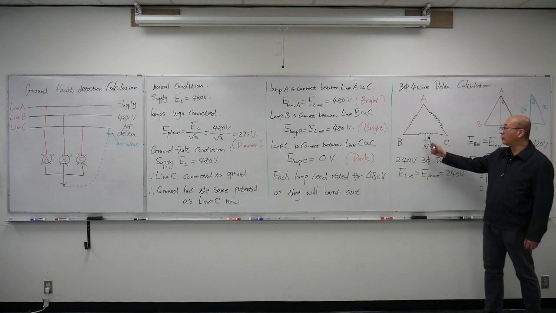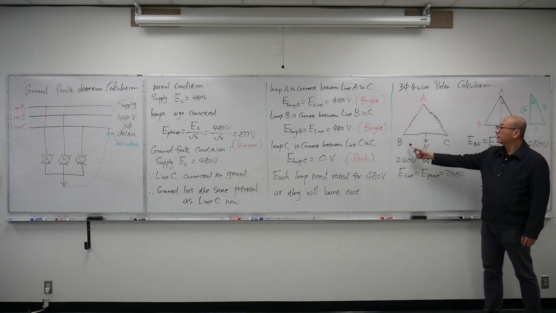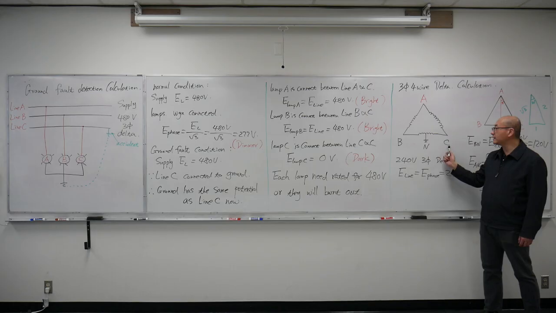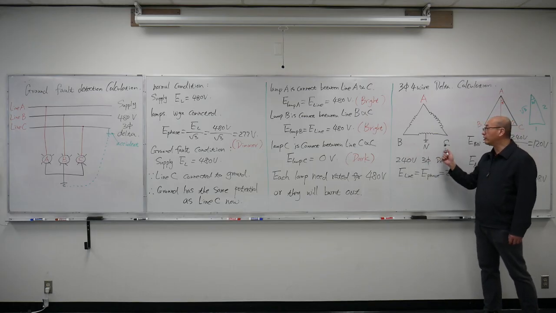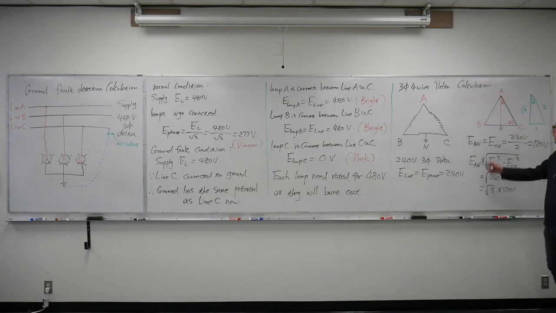When we ground the center point between B and C, the voltage from B to the neutral and from C to the neutral will be half of the voltage between B and C. So here's a diagram to indicate that if we center tap between B and C, the voltage from B to the neutral and from C to the neutral will be half of our line voltage, 240 volts divided by 2, gives us 120 volts.